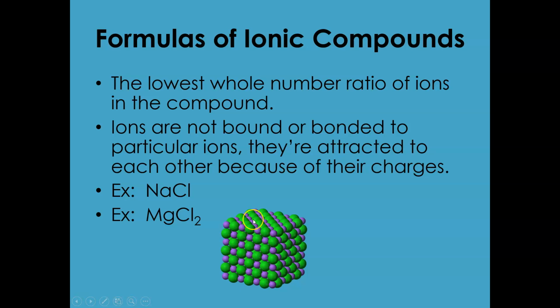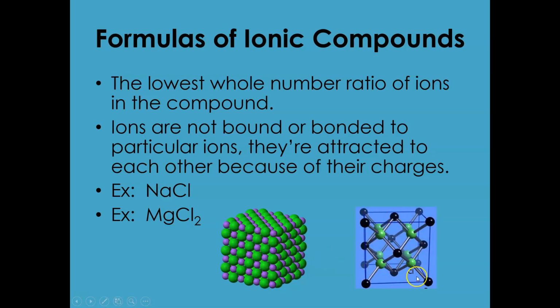And so when we say that this is sodium chloride, NaCl, we are giving the empirical formula. The empirical formula for sodium chloride is simply the lowest whole number ratio in which sodium and chlorine atoms combine, and that's in a 1-to-1 ratio. So for sodium chloride, we give simply the formula NaCl. That's the empirical formula for this crystal.